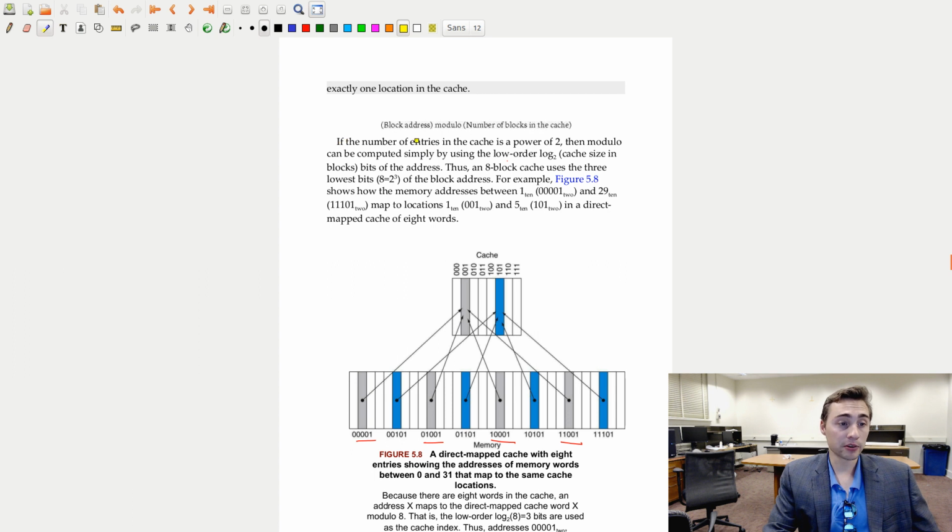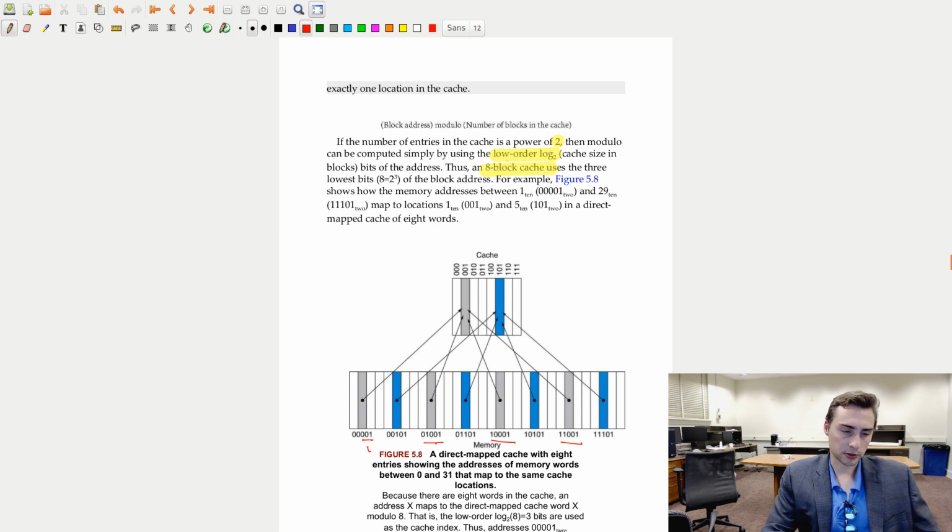So if the number of entries in the cache is a power of 2, then the modulo can be computed simply by the lower-order log2(cache size in blocks) bits of the address. So an 8-block cache uses the 3 lowest bits, so the lowest bits 0, 0, 1, to determine where it goes in the cache. If we have 8 blocks here, all we're going to do is care about those 3.